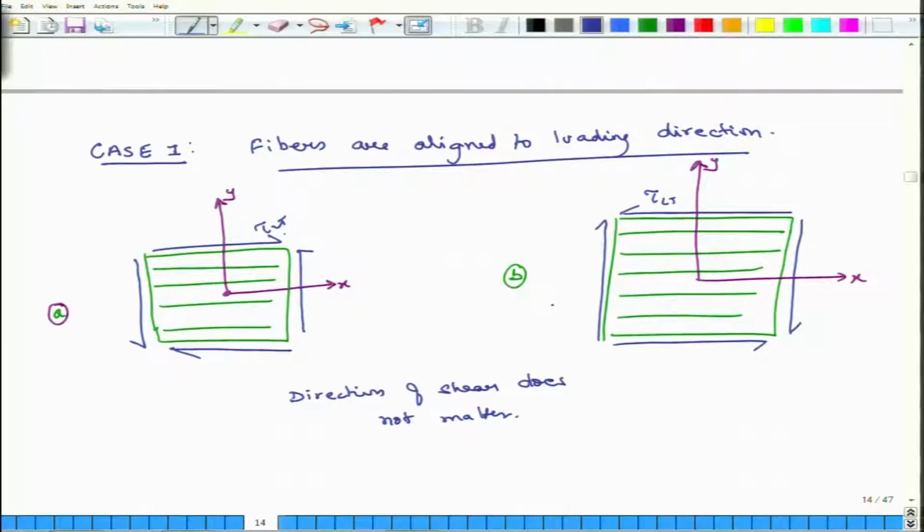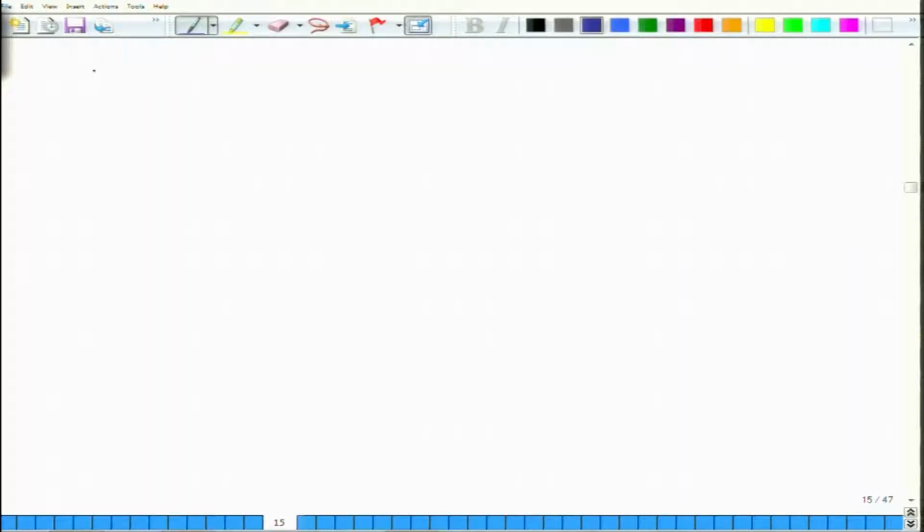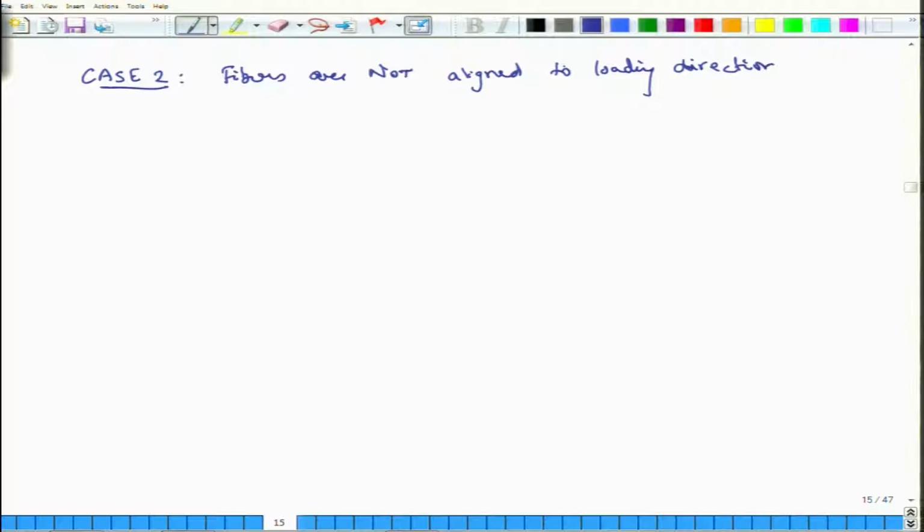So, the direction of shear stress does not matter in case 1 when fibers are aligned to the loading direction. The second case is when fibers are not aligned to loading direction. What does it mean? We will draw a picture.